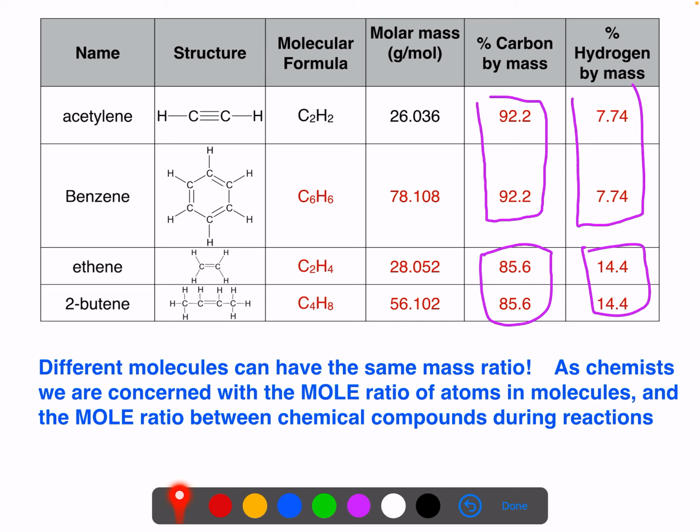When we think about this as chemists, we're concerned with the mole ratio of atoms in a molecule. That's the molecular formula, how much of each atom is present. So benzene and acetylene have the same mass ratio. It's both 92% carbon, 7% hydrogen, and yet their molecular formula is different.